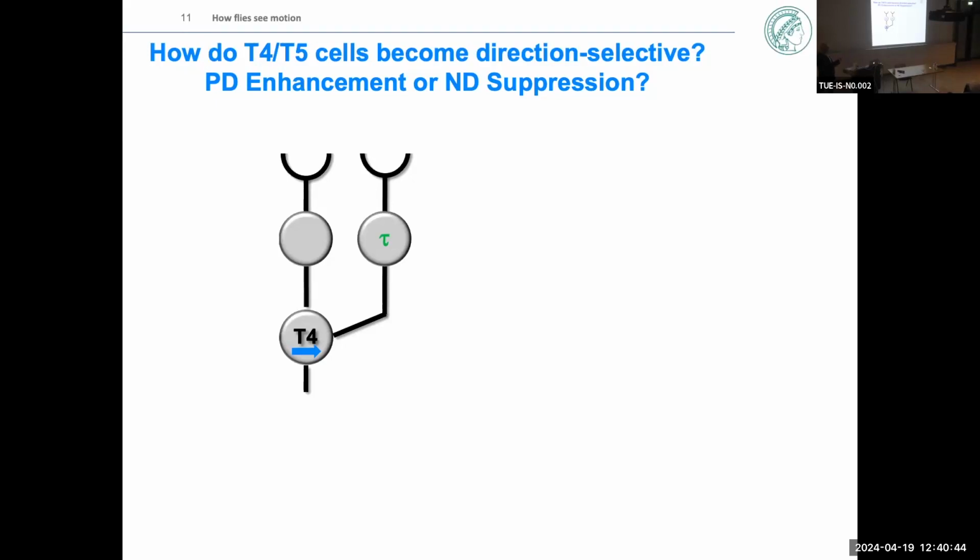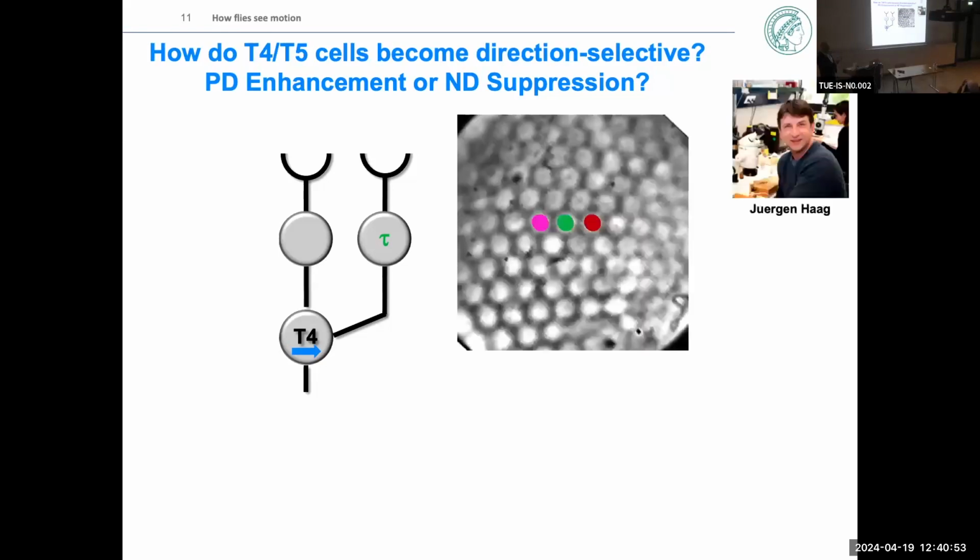So now, in order to decide between preferred direction enhancement and null direction suppression, Jürgen Haag, again, did the following experiments. He used a telescope to place visual spots exactly on the hexagonal array of the fly eye, and used the calcium indicator to record from T4 and T5 cells that have their receptive field exactly there.